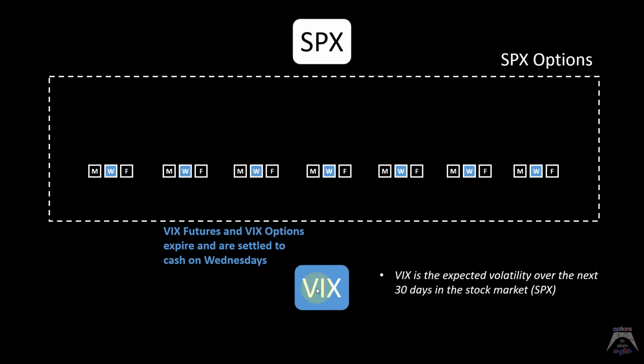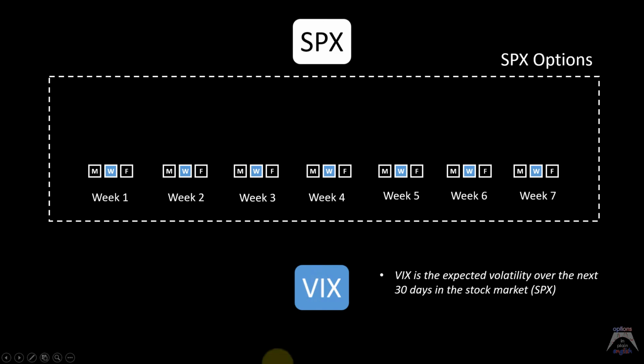You don't have to exercise. You don't have to do anything. You keep the product, it expires, and it settles to cash. So it's very clean, and it's a very good way to trade volatility. And the most direct, most straightforward way to place bets on volatility as an asset class.